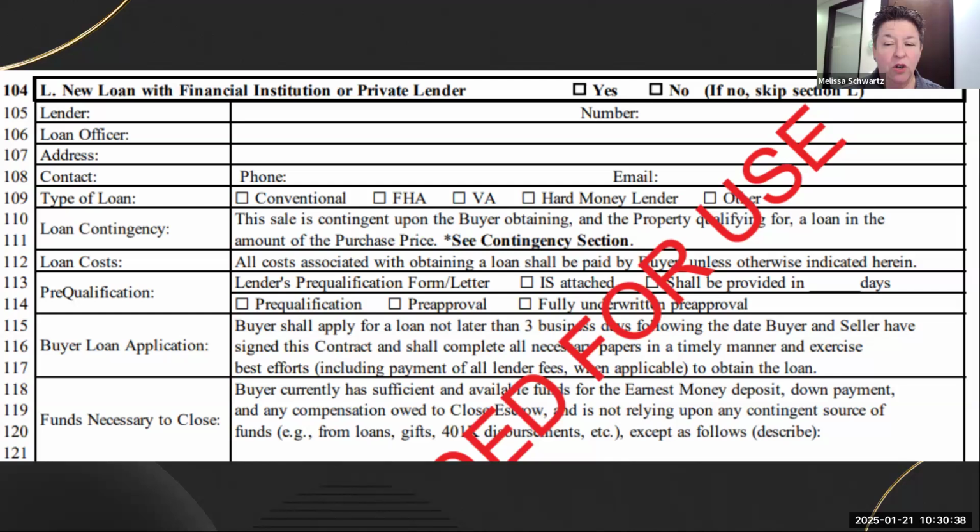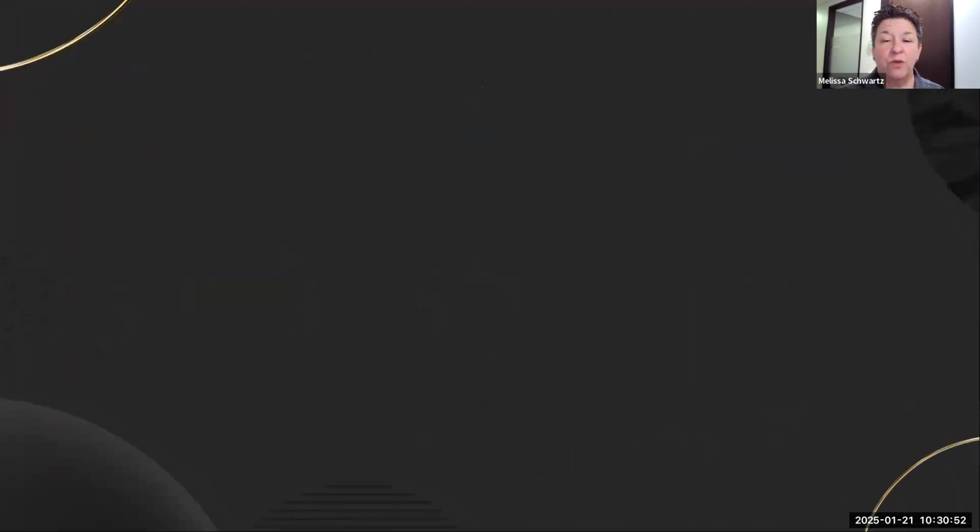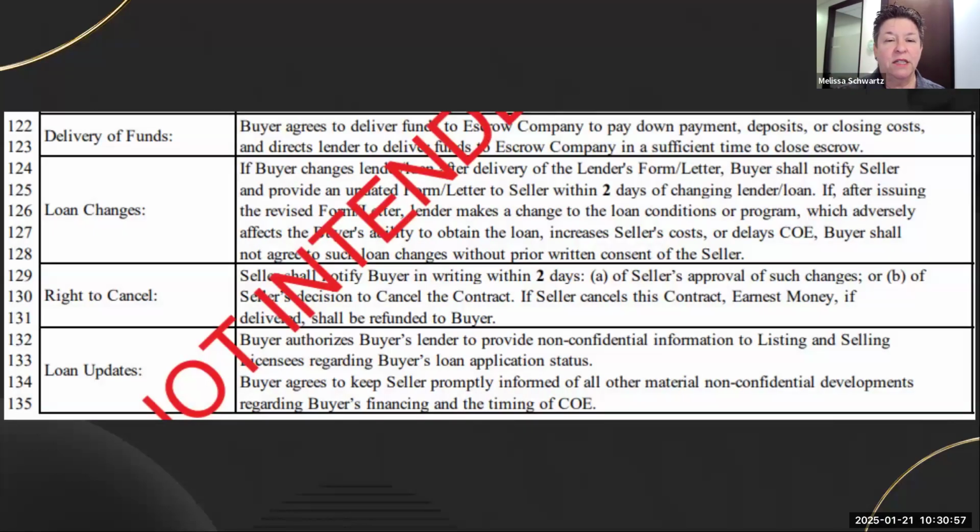Funds necessary to close. It does not actually give the exclusion that if you don't have them, you are able to get your money back. It doesn't say you can't. So little things like that are going to be differences, right? All right, delivery of funds. Buyer agrees to deliver funds. Loan changes. If anything changes, they have to provide a form letter to the seller within 2 days of changing lenders. So that answered my question earlier, because there was no LSU.